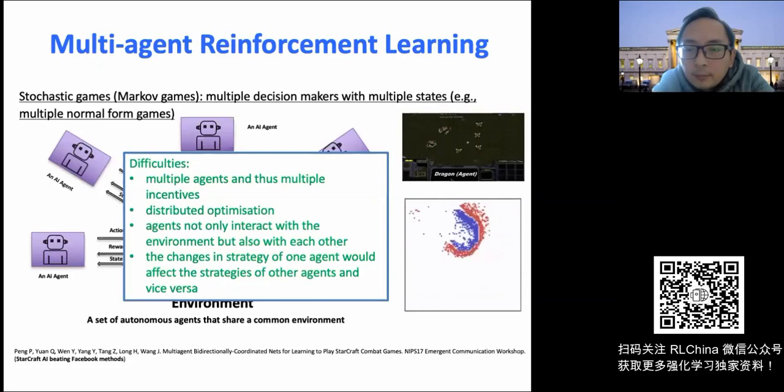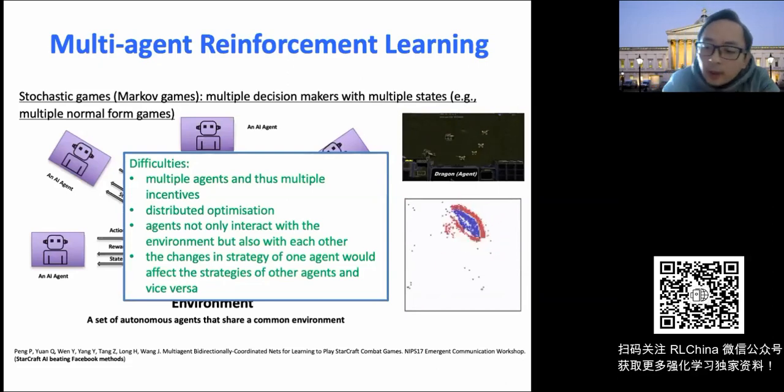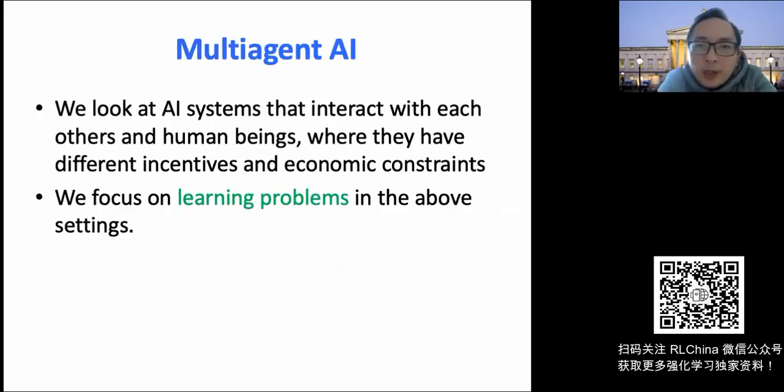Okay. So multi-agent AI, as I said, is about AI systems that interact with each other. Sometimes it also covers the interaction between AI systems and human beings, if you consider human beings as agents. There are a lot of interesting subjects on this, but in this module we are focused on learning problems.